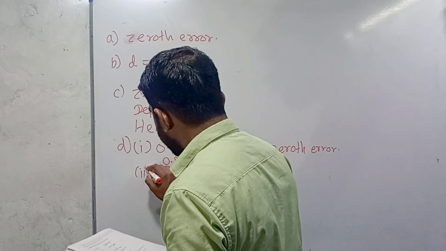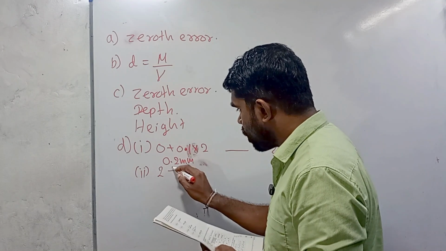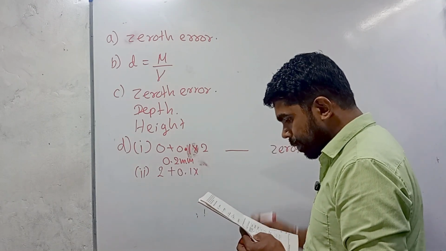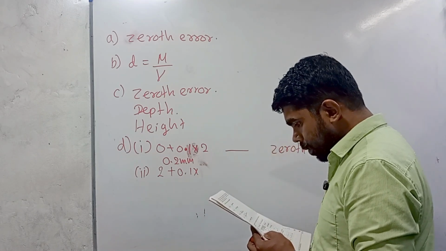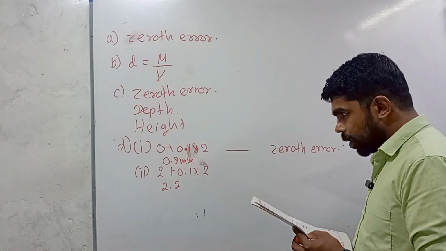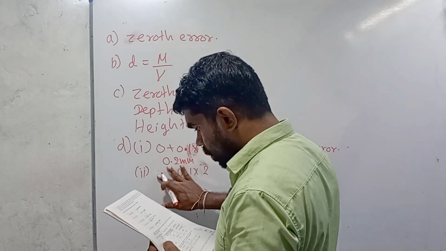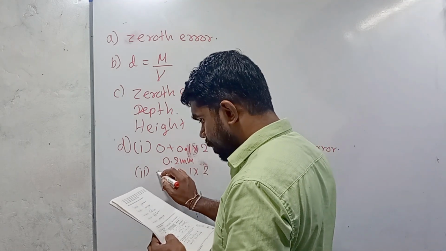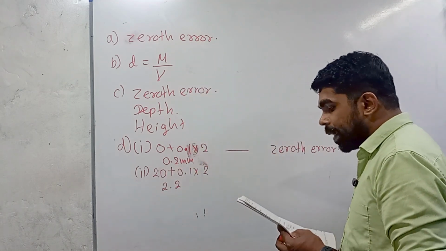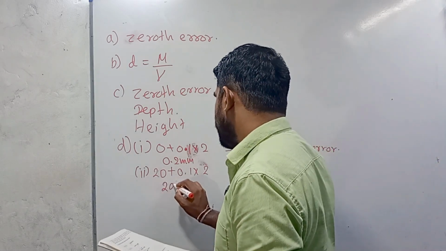Then second part, main scale reading you can identify 2 plus 0.1 into the coincided part is 2. Then there is a problem. In this one, main scale reading 20 millimeters, 2 centimeters is 20 millimeters. Then it is 20.2.